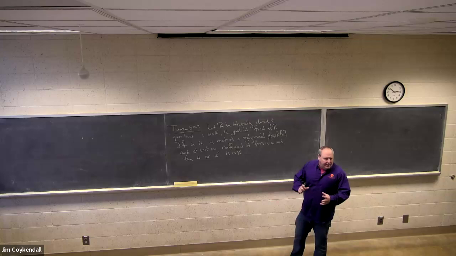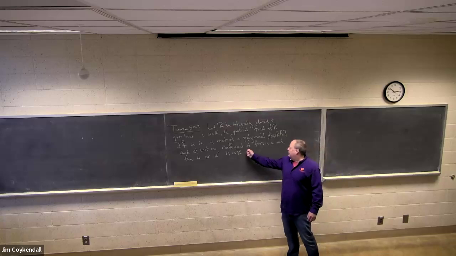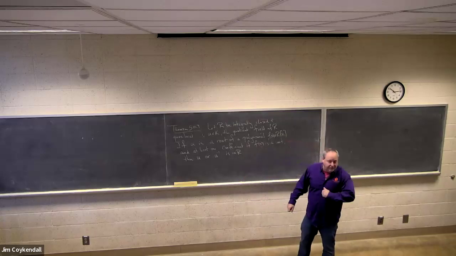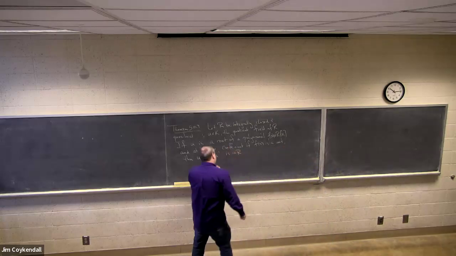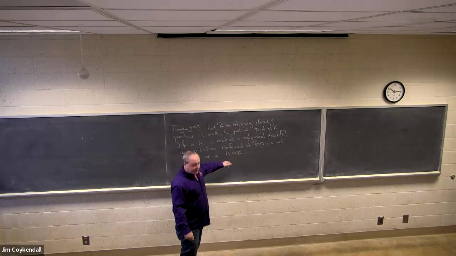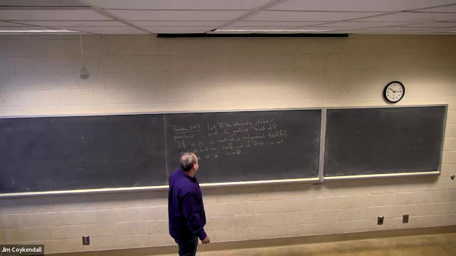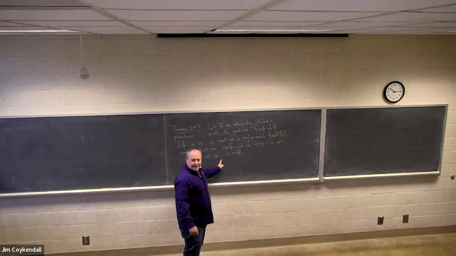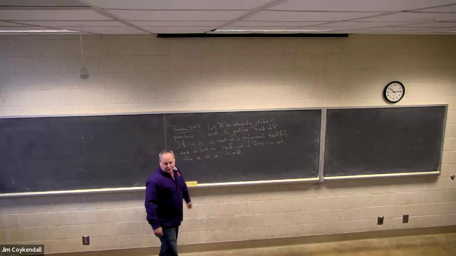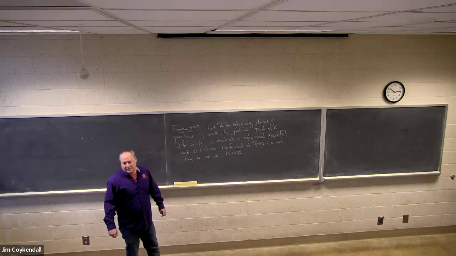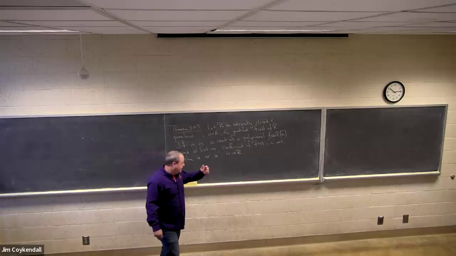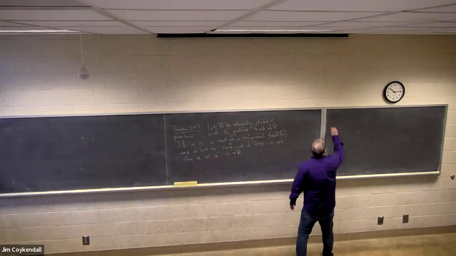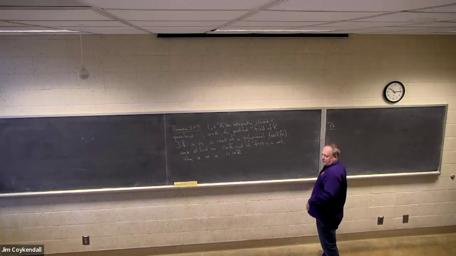It doesn't have to be monic, but at least one of the terms, could be the constant term or any intermediate term, has a coefficient that's a unit, then either U or its inverse is in R. And by the way, notice that if the leading term is a unit, then U is in R, right? And if the constant term is a unit, then U inverse is in R. In both cases, it may be both of them, but the interesting part is it can be any of the terms.